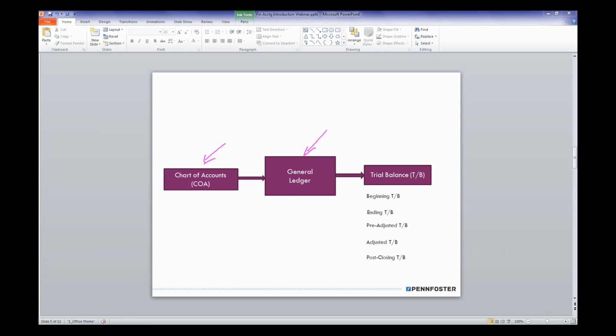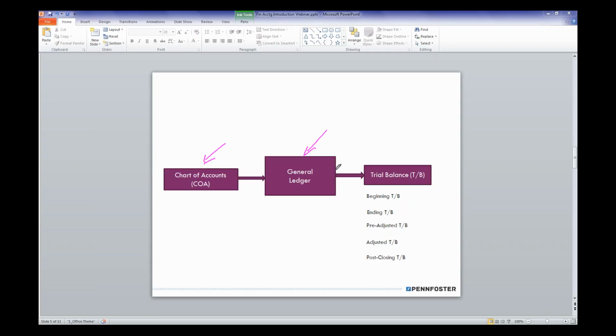And of course, we create balances, the total dollar amount in those accounts. So what we then can do from our general ledger is we can create a trial balance. And a trial balance is nothing more than a listing of those accounts that have the balances in those accounts.